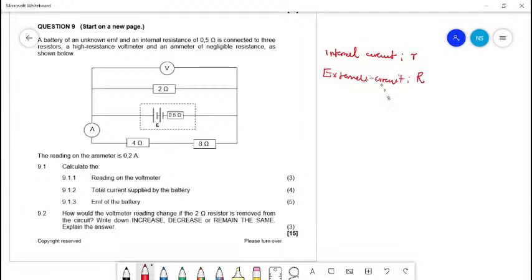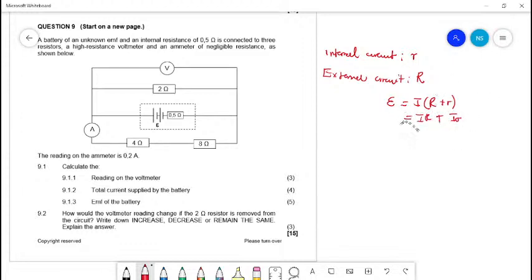And then obviously we have the current of the circuit. The total current of the circuit is given by capital letter I. We also have the formula E equals I times (R plus r), where R is the external resistance and r is the internal resistance. If we expand this formula, we have IR plus Ir.